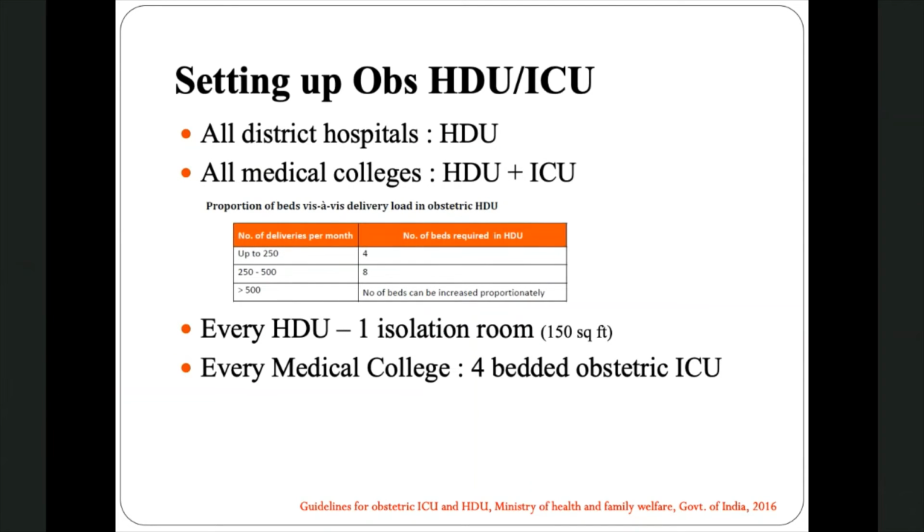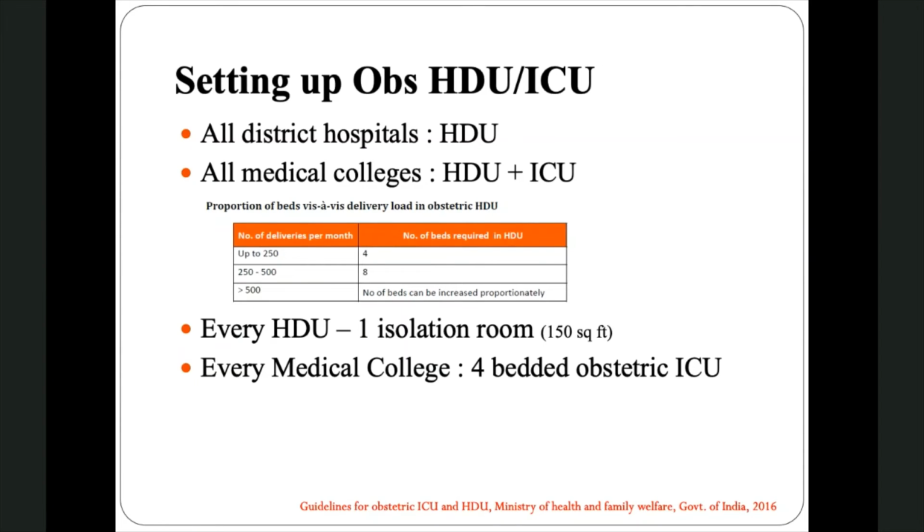What setup is required for HDU and ICU? If the number of deliveries is up to 250 in a month, then 4 beds are required in HDU. If it is 250 to 500, at least 8 beds are required. So for a setup like GK, almost an 8-bedded HDU is required.